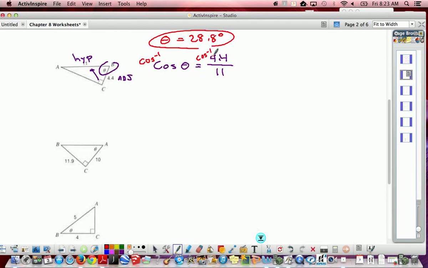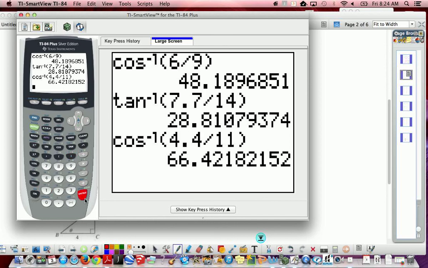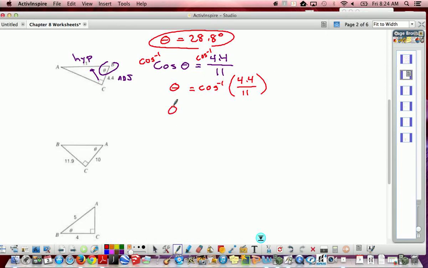So theta is equal to cosine inverse of 4.4 over 11. So use my calculator once again, type that in, second cosine, 4.4 divided by 11, and I get 66.4 degrees. So theta in this one is 66.4 degrees.